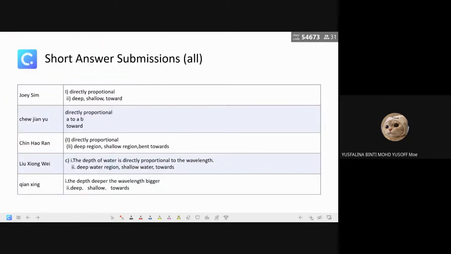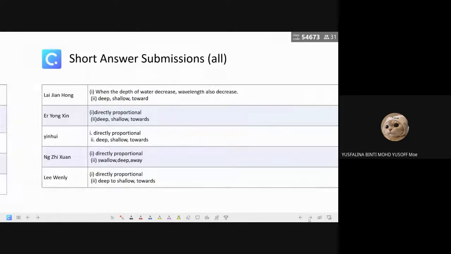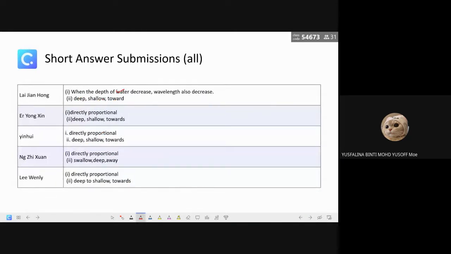So let's check your answer. Directly, deep, shallow, toward. So this one is wrong. Toward, deep region, shallow, bend towards. Okay, very good. Directly, deep towards, depth, wavelength bigger. Deep, shallow, towards. Decrease. So this one decrease, deep, shallow, toward, directly proportional. This one is not away, it is towards.